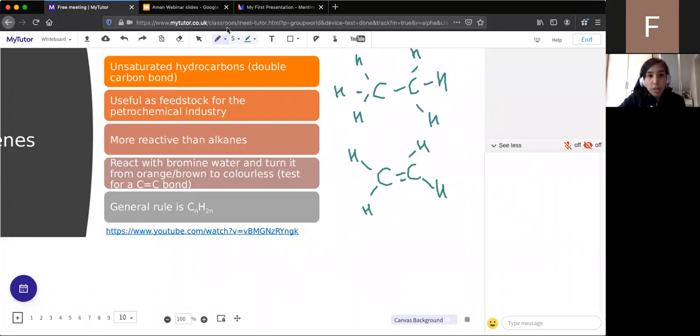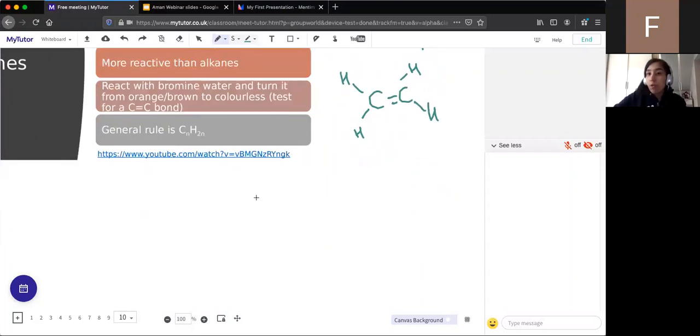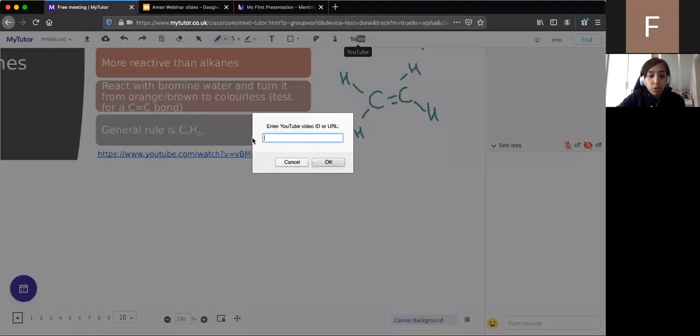So I can't get that YouTube video to work, so we might have to watch it tomorrow morning instead. Sorry about that. But essentially in the video, it was just going to show you an alkene turning from brown to colourless. So let me just try and draw the first couple of alkenes then. Let me see, I'll try again. Oh, that's why it's not the right link.